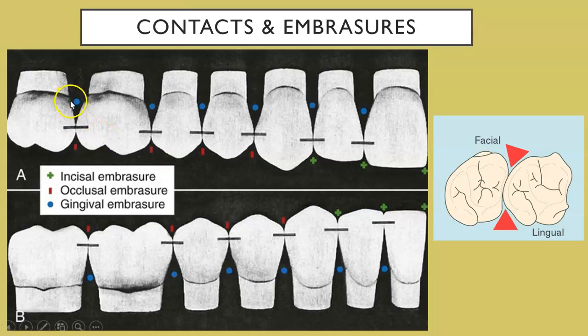And we have here, again, this triangular space. The blue dot is showing the gingival embrasures. And again, we have posterior and anterior. And it's also showing you the occlusal embrasures. So it's creating that triangular shape, which is what the embrasures are.